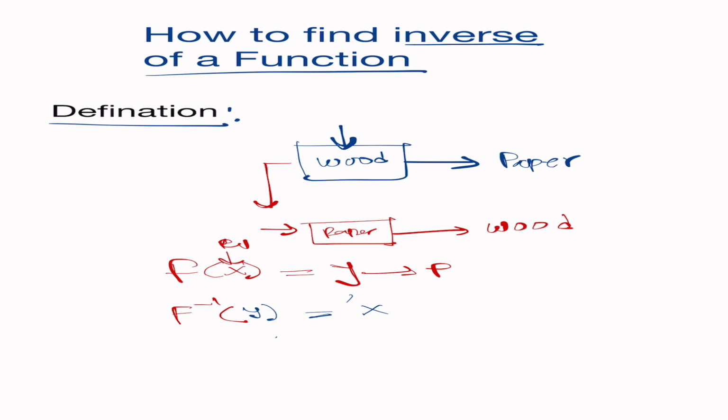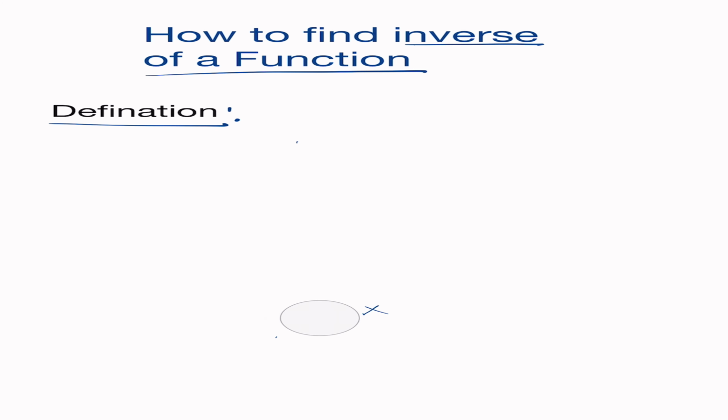Now not all functions have an inverse function. To have an inverse function, it has to meet certain criteria. First, each element in the domain of the function f must map to a unique element.